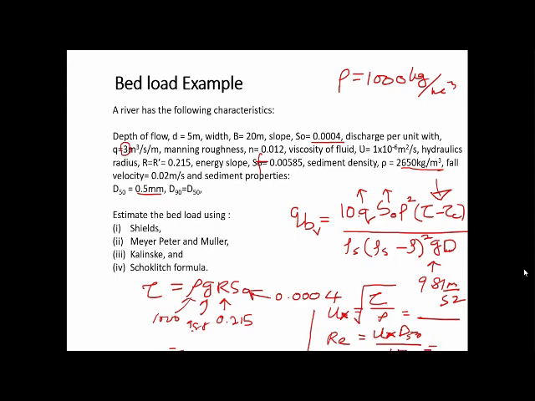Okay, you get one value. Then use the Shields diagram to determine your tau C.